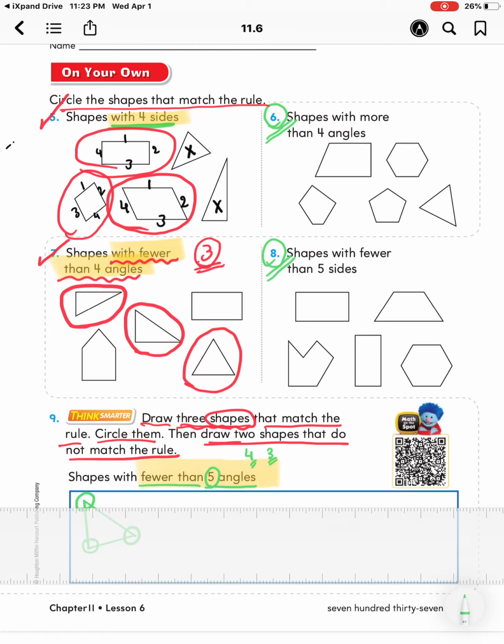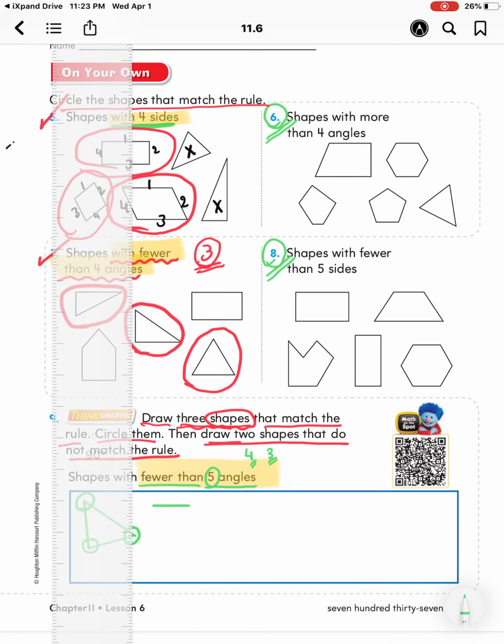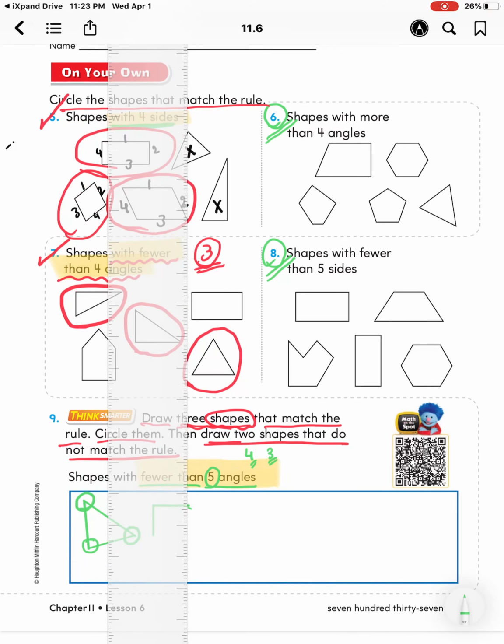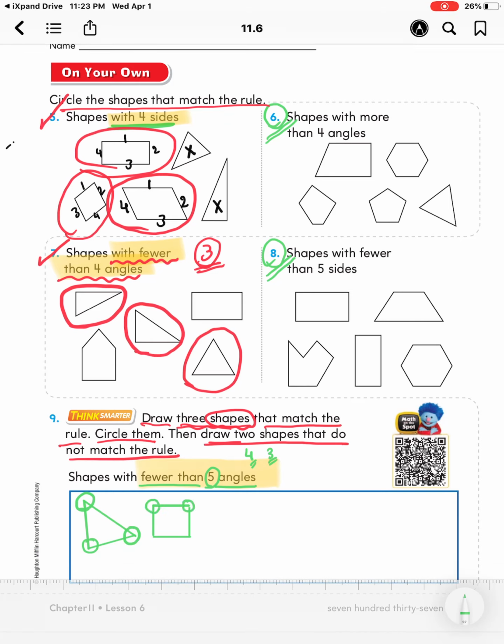So let's draw, for example, a square, because a square has 4 sides, so it will have 4 angles. Let's see. 1, 2, 3, and 4. Excellent. Let's do shape number 3.